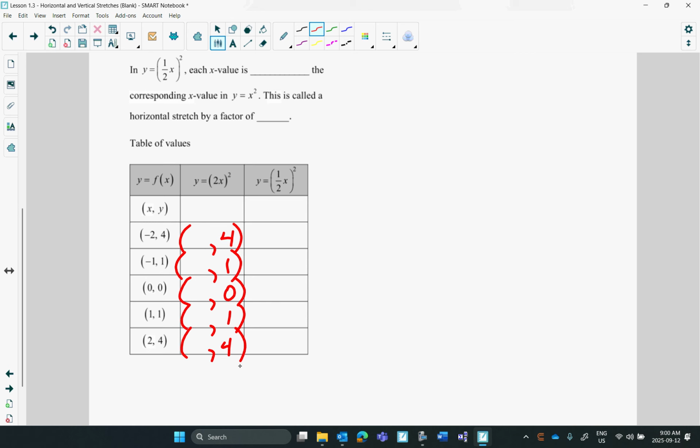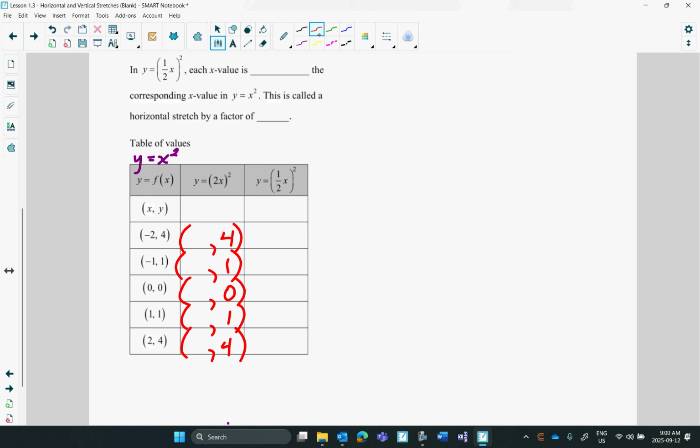Okay. Y equals x squared, that's the f of x, specific f of x. Now, what negative value, because the original one's negative, on the left side, do I plug in here so that when I times it by 2 and then square it, I get 4?